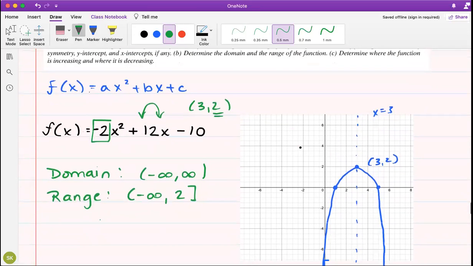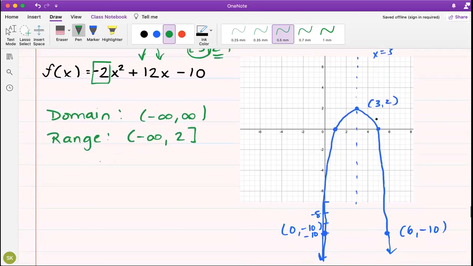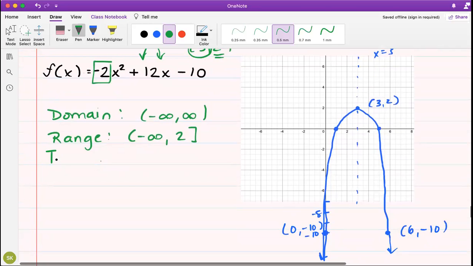Now where it's increasing and decreasing, again, you don't even have to graph this to figure that out. Because you have a maximum, you're going to be increasing from negative infinity to the x value here, and you're going to be decreasing past that x value. You can see it when you graph it as well. Let's write these down.